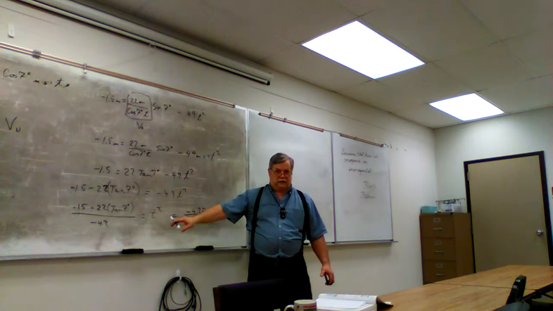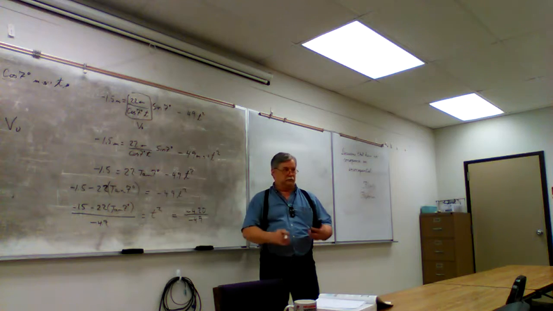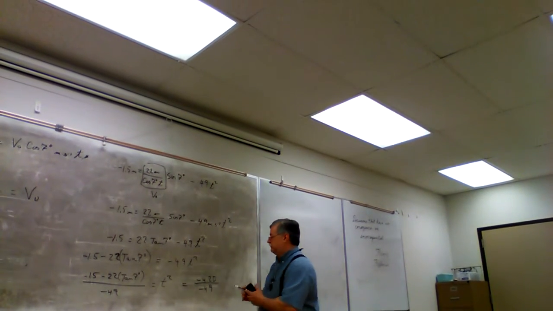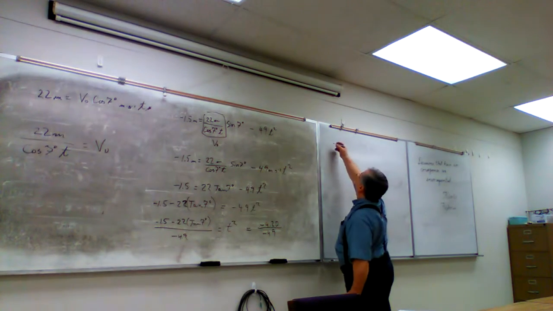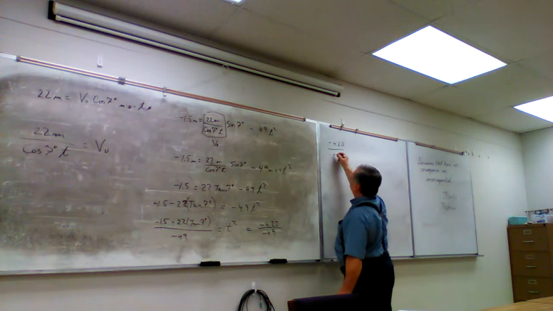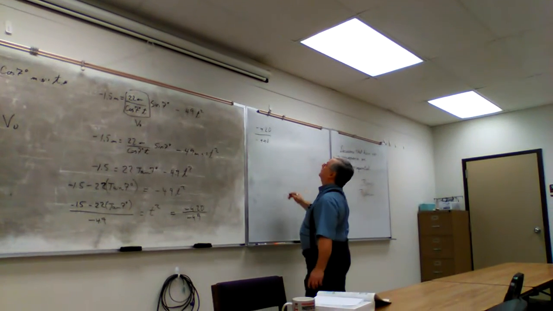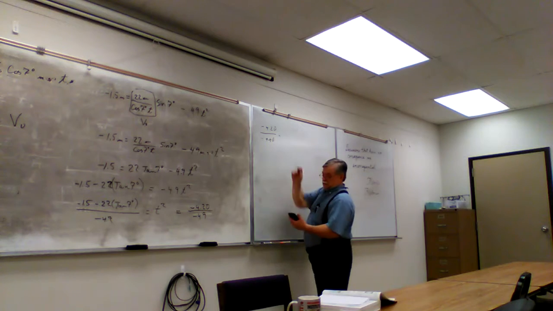Otherwise, if we ended up with a negative and tried to take the square root of it, we're getting off into imaginary numbers. We're not going there. So, now, minus 4.20 divided by minus 4.90, because we've got 3 digits there, is equal to what?